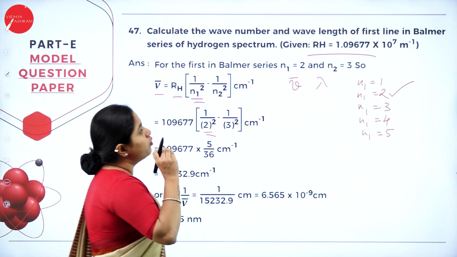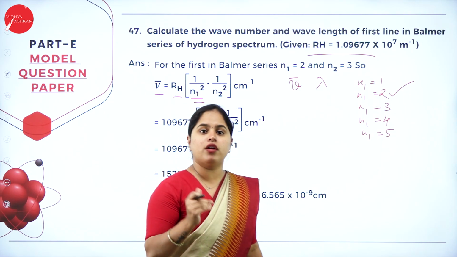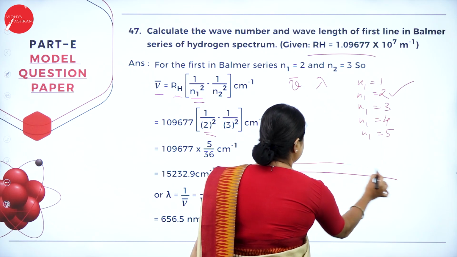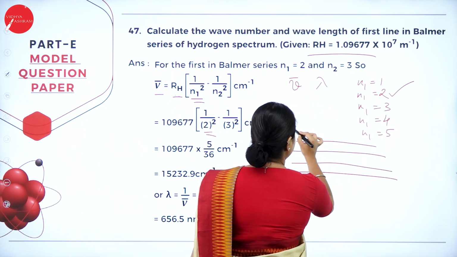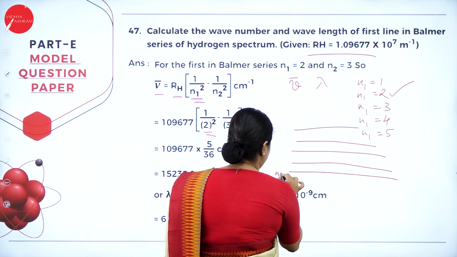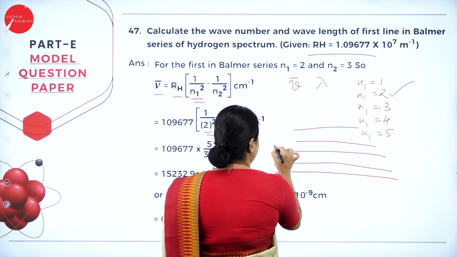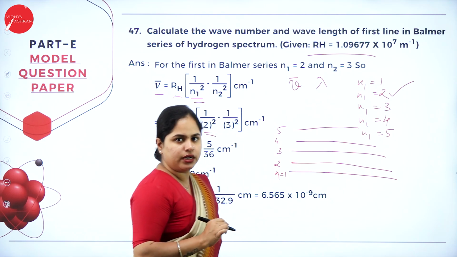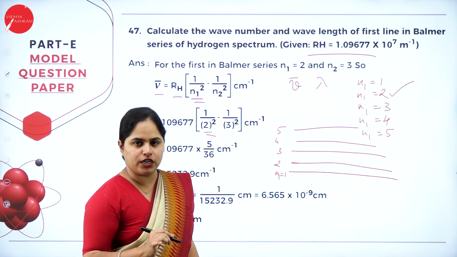Now, it is given first line in Balmer series. So, what will be the first line? If you have to get the first line, imagine this is the line spectrum which is shown here. This stands for N1 is equal to 1. This is 2. This is 3, 4 and 5. So, this is the Balmer line that you can see. N1 is equal to 2.